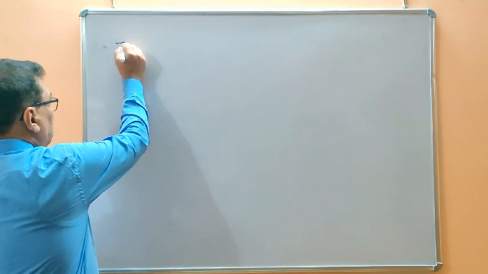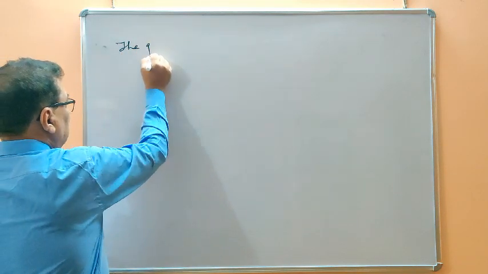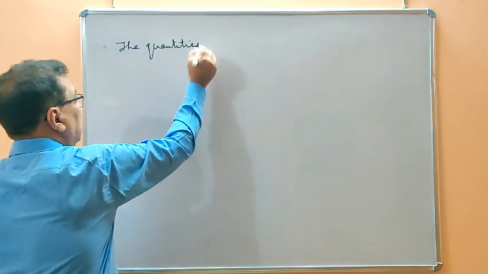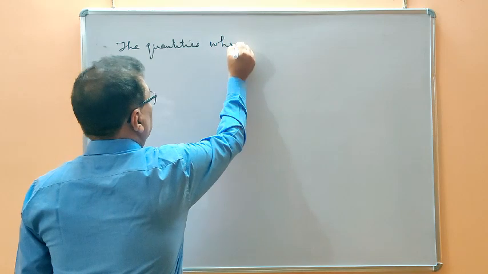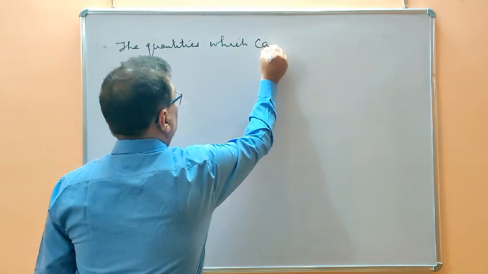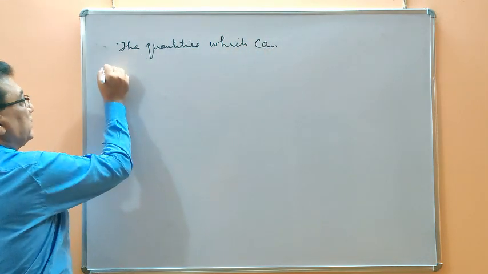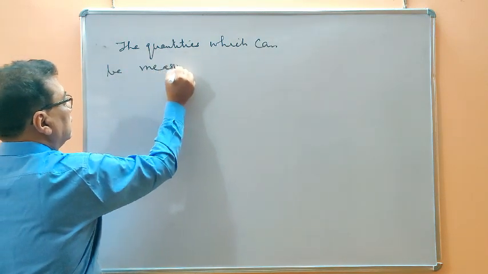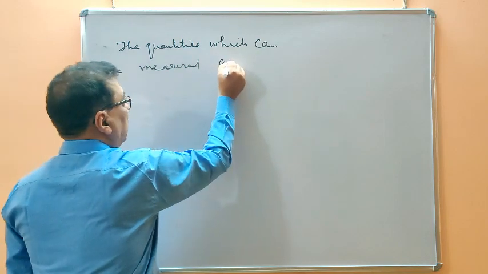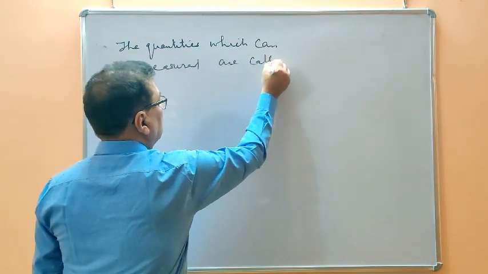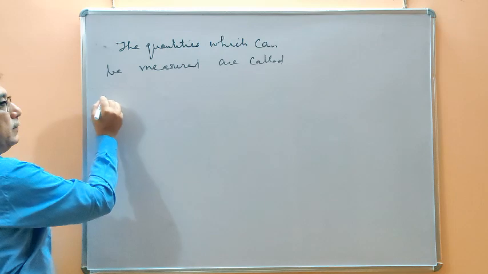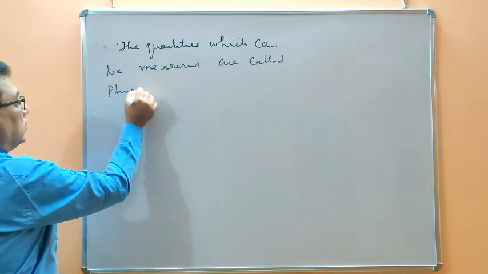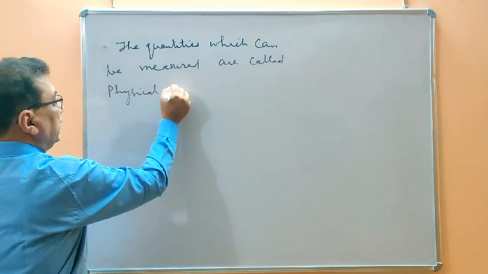The quantities which can be measured are called physical quantities.